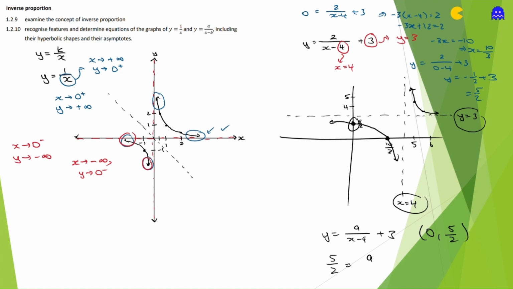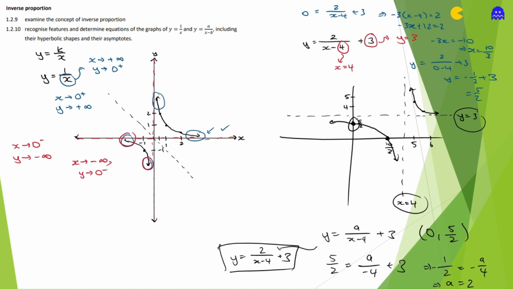And so we get 5 on 2 equals a over negative 4 plus 3. I've done something wrong here. Oh yeah, sorry. Negative 1/2 equals negative a on 4, so a in this case equals 2. And so in this way we've been able to find the equation of the hyperbola given the graph as well.